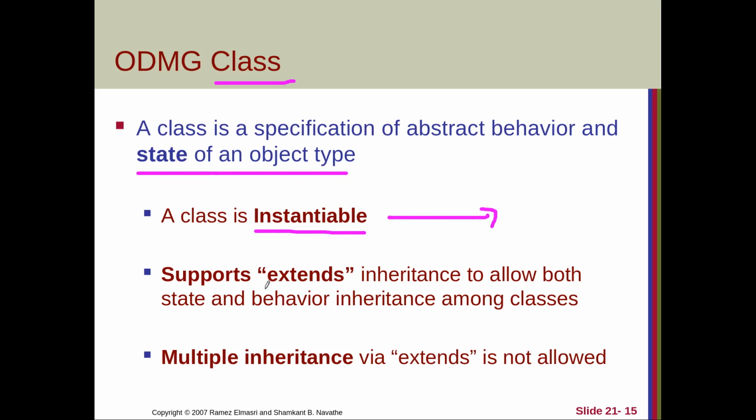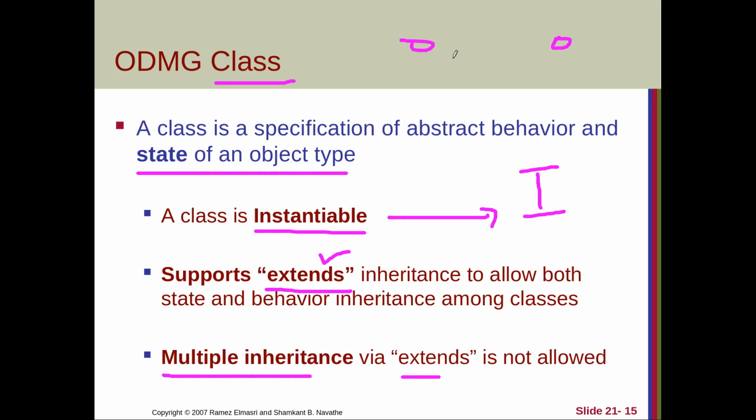It also supports extends inheritance to allow both state and behavior inheritance among classes. That means two classes can be extended. One class's property can be taken into another class. That property is also supported by extends. But multiple inheritance using extends is not allowed. What is multiple inheritance?